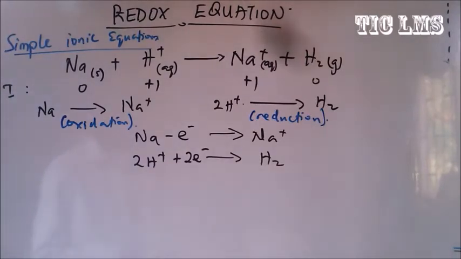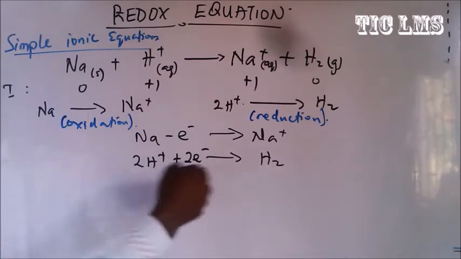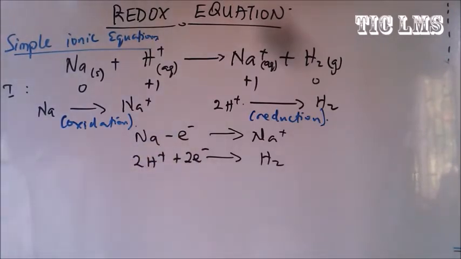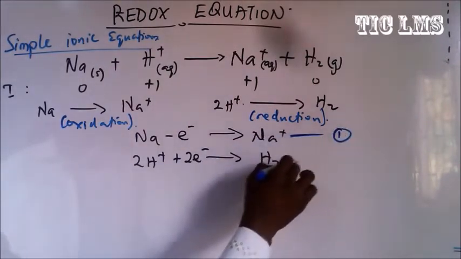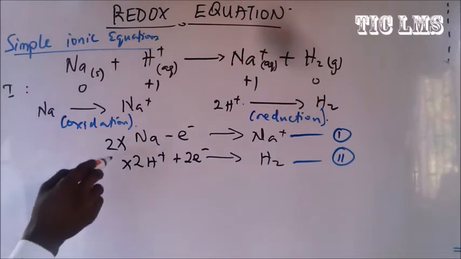And next, we have to multiply each half cell by using the coefficient of the electrons. If you take a look at this, we have 2 electrons here, but here we have just 1 electron. So to balance these two, we need to multiply this equation. We have this as equation 1, and we have this as equation 2. So we need to multiply equation 1 by 2. Equation 2 need not be multiplied by anything but 1.